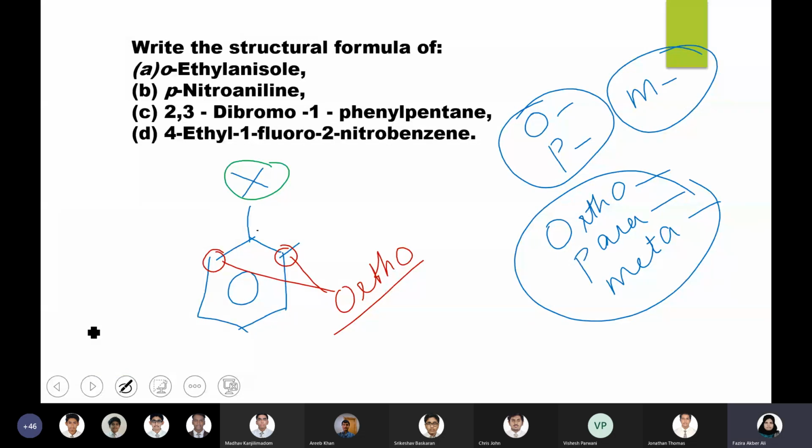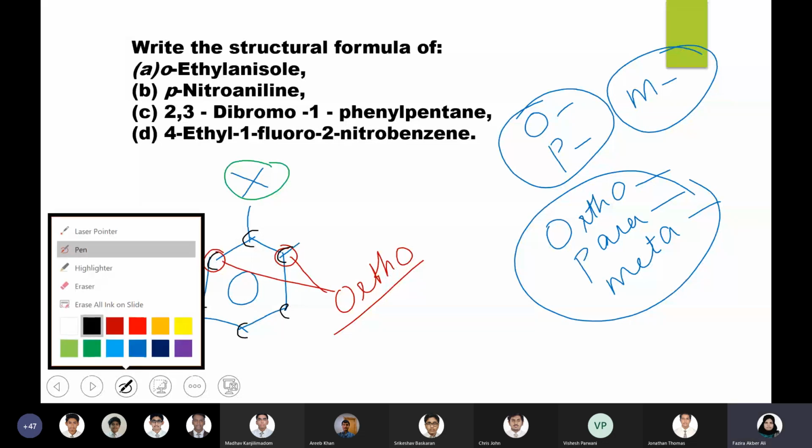For example, see, this is our ring. There are 6 carbon atoms, so we are looking into the position. In IUPAC naming, in order to differentiate these carbons, we number them 1, 2, 3, 4 like that. But in the common naming system, there is no numbering. They are just identifying the position with the terminology ortho, para, and meta. Ortho position means, from the first prior substituent, the adjacent two neighboring carbon atoms are ortho carbons.